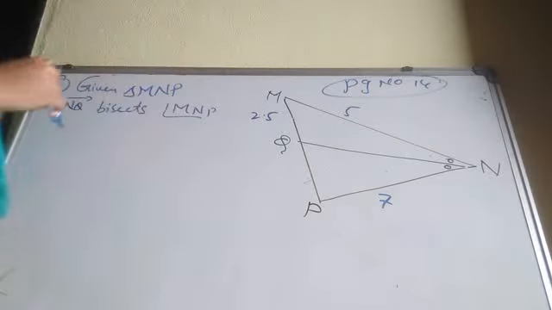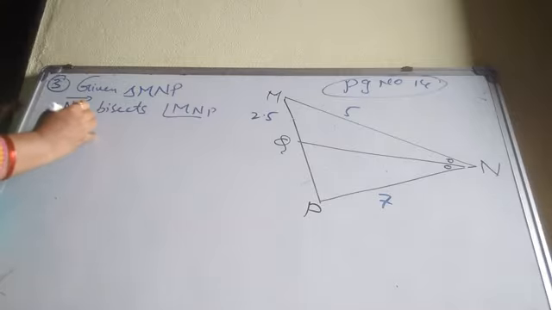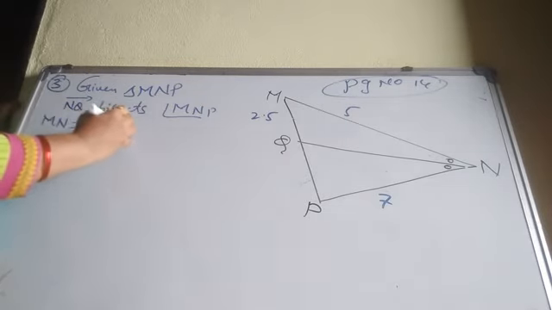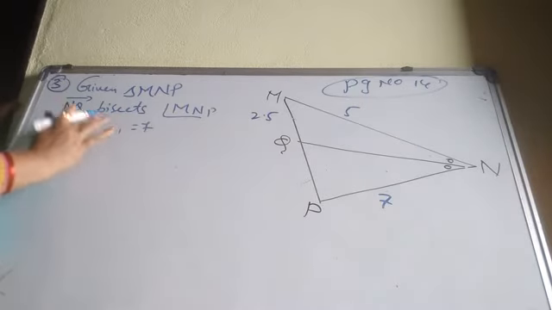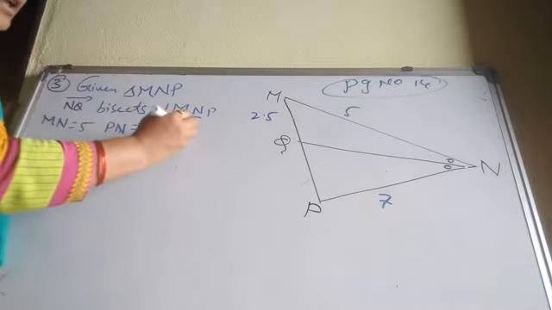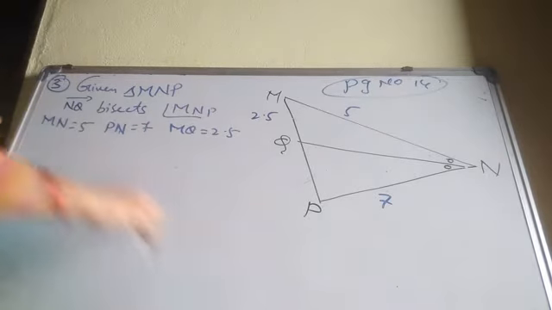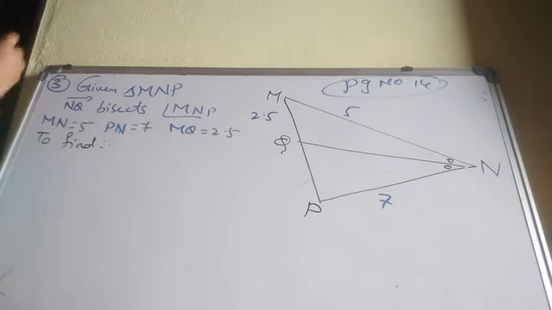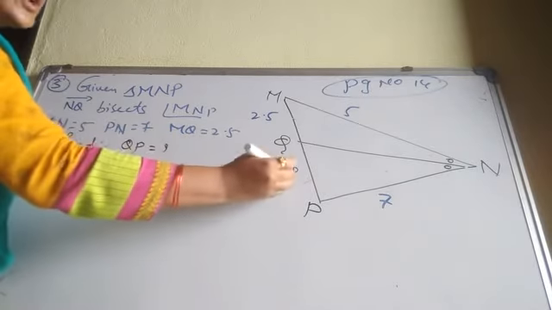These two angles are congruent. They have given the values also. MN equal to 5, NP equal to 7, MQ equal to 2.5. To find QP equal to question mark.